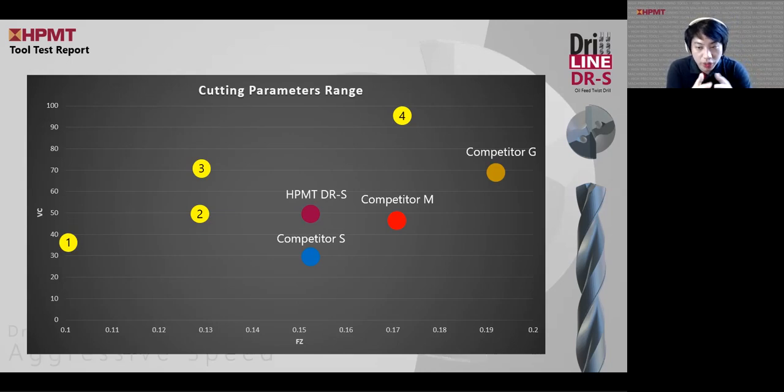Are we on point with the range? Are we too broad? Too high? Too low? Please give us some feedback, as we're interested to know what kind of conversations you usually have with your customers on cutting parameter ranges, especially with the DRS that we're showcasing now.